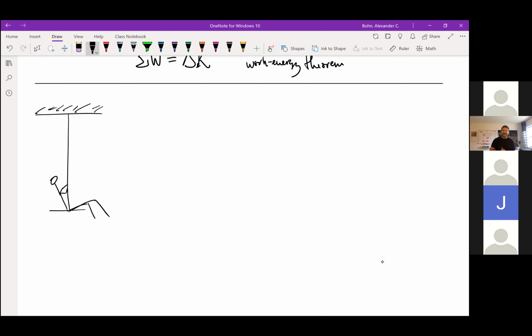Suppose we are sitting on a tire swing. And suppose someone pushes us to try to get us moving, but pushes us in a very particular way. Very slowly, pushing horizontally only.